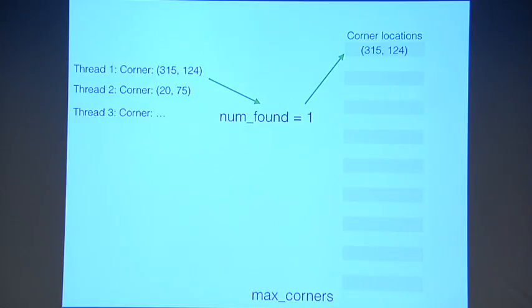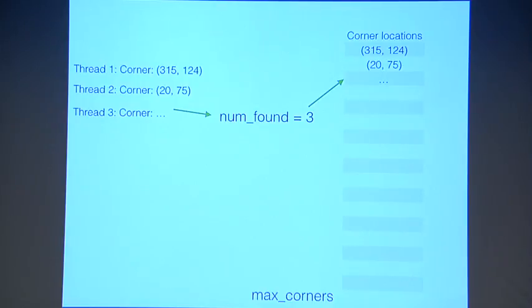That means I will store at entry 0, my corner, and I'll increment the number of found corners, right? And so when another thread comes in and says, I found a corner, where do I store it? It says, oh, well, there has been 1 found, so store it there. Increment the counter, and then the next thread goes on, stores there, increments, all the way until it's full, or until however many we've done, right?